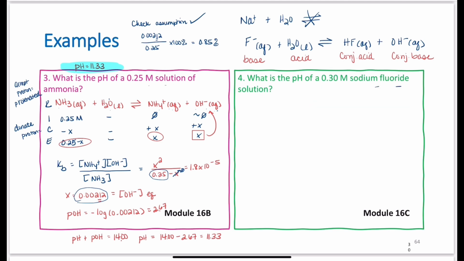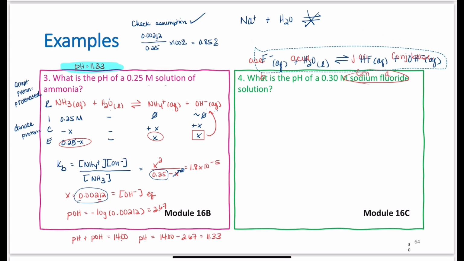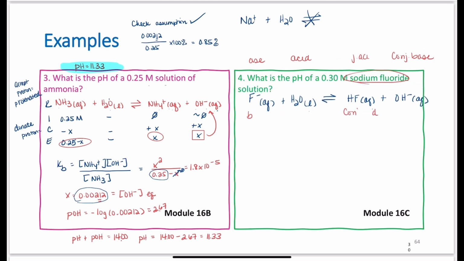Let's set up your RICE chart. I should not be trying to circle things when I'm tired and not paying attention.